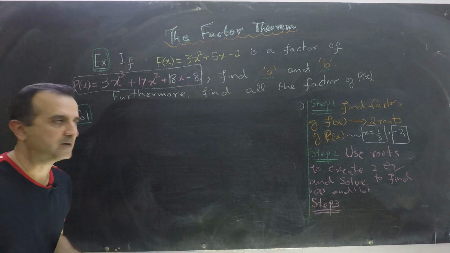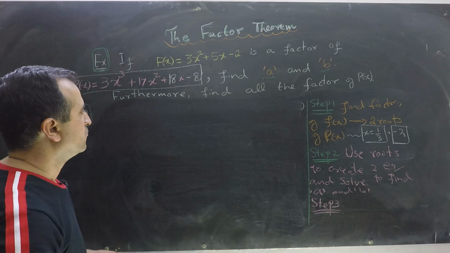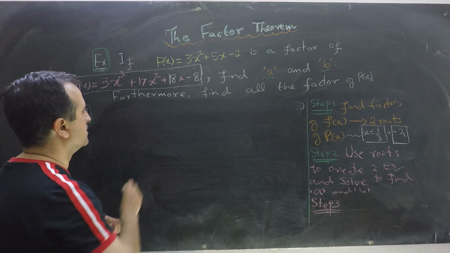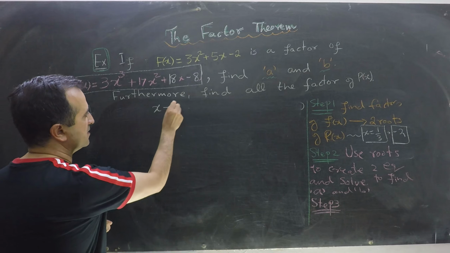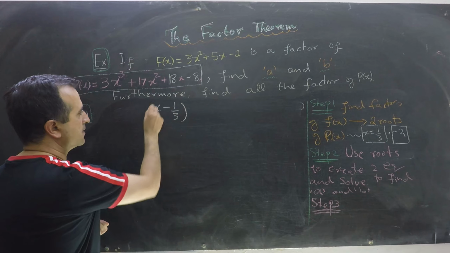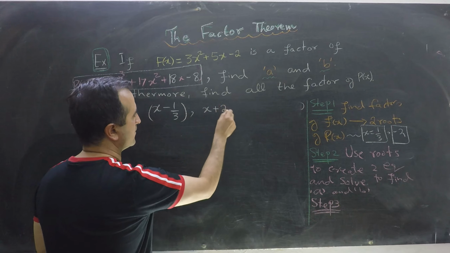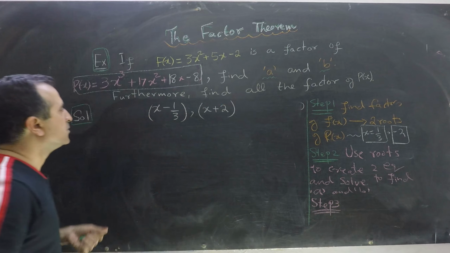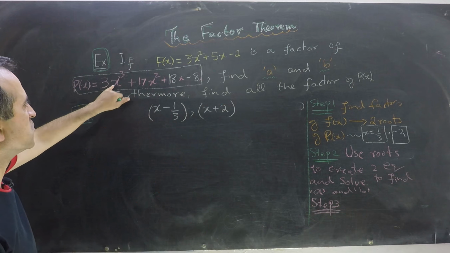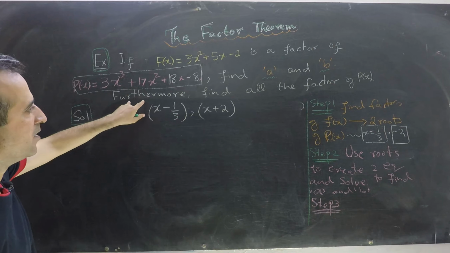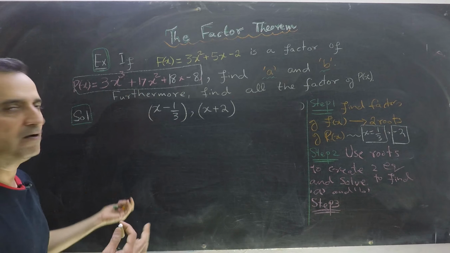Using our first step, we are able to find two factors, which are x minus 1 over 3 and x plus 2. And because the degree of this polynomial is 3, it has 3 factors. In the second part of this question, we are asked to find all the factors.